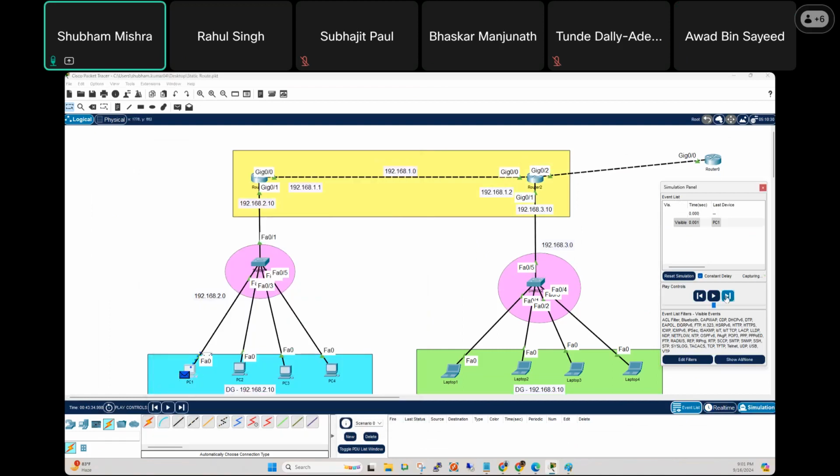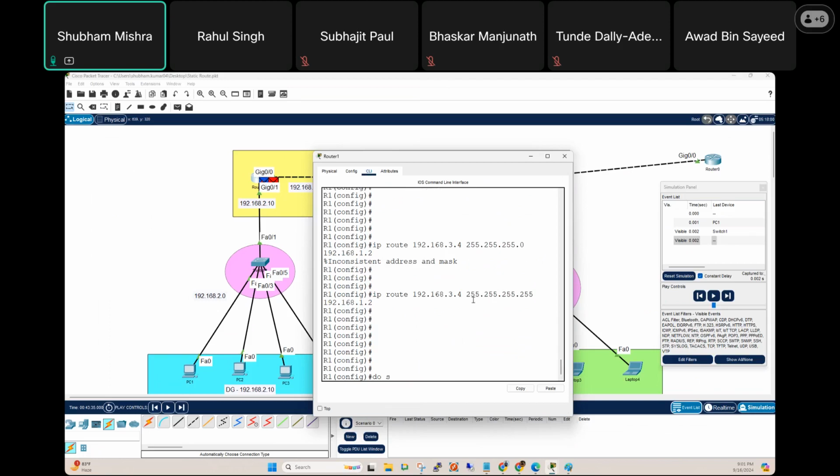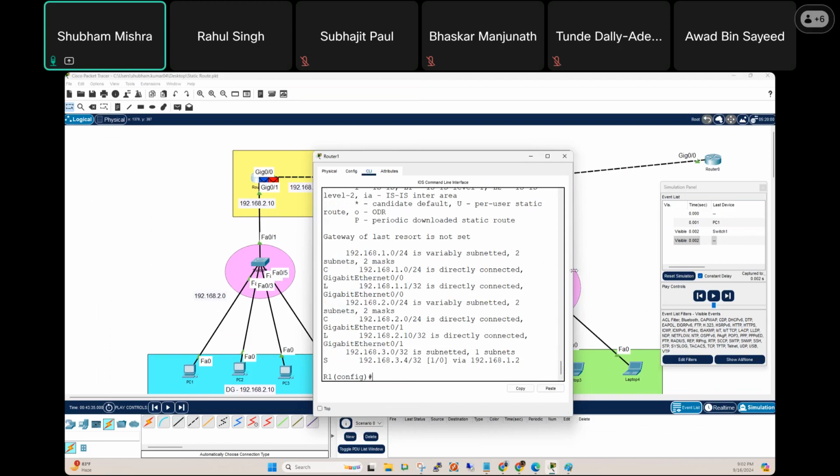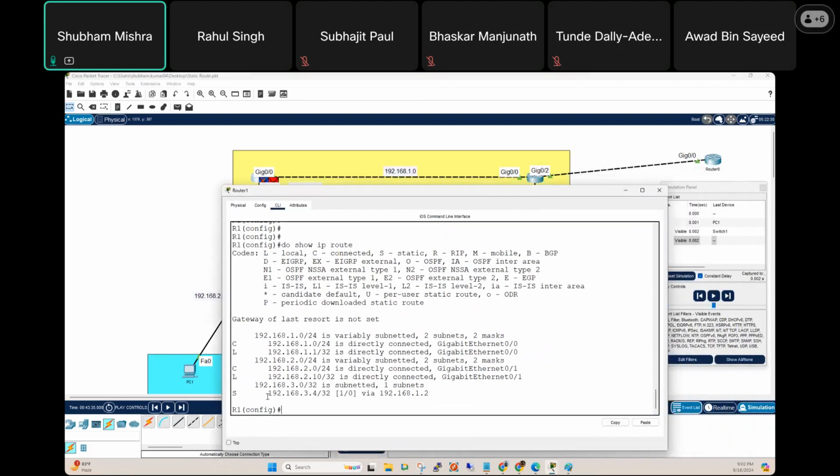Packet go. What happened? Because on this router, when you check the routing table, do show ip route. On this router, what you configure? You configure for PC 4.